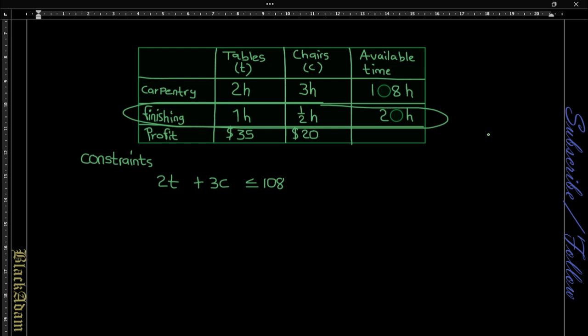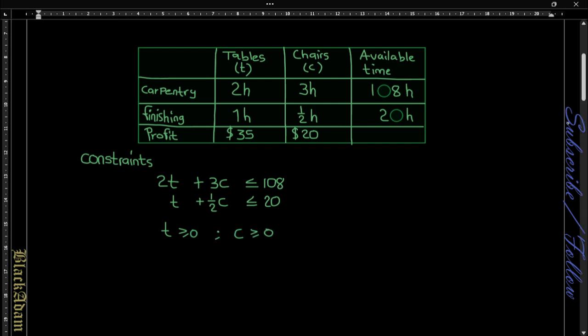So that's 2 hours on the table, 3 hours on the chair, less than 108 hours. And then 1 hour on the table, half an hour on the chair, less than 20. And t is greater than or equal to 0, and c is greater than or equal to 0. So that's what we're looking at.